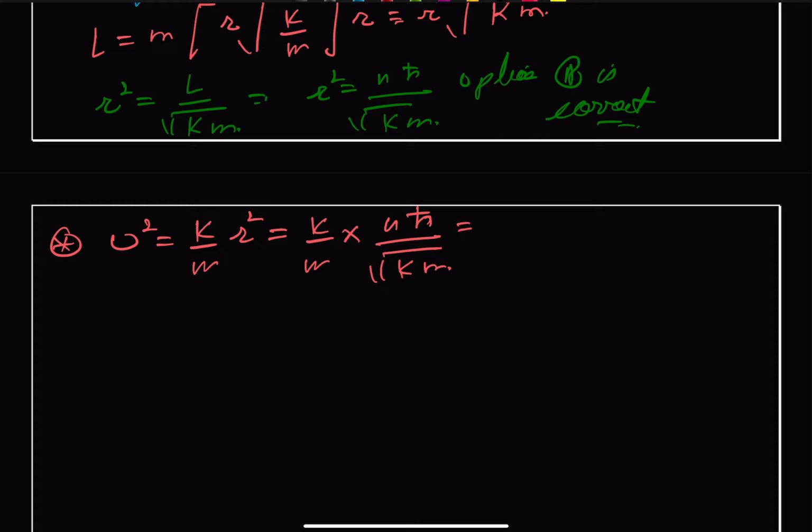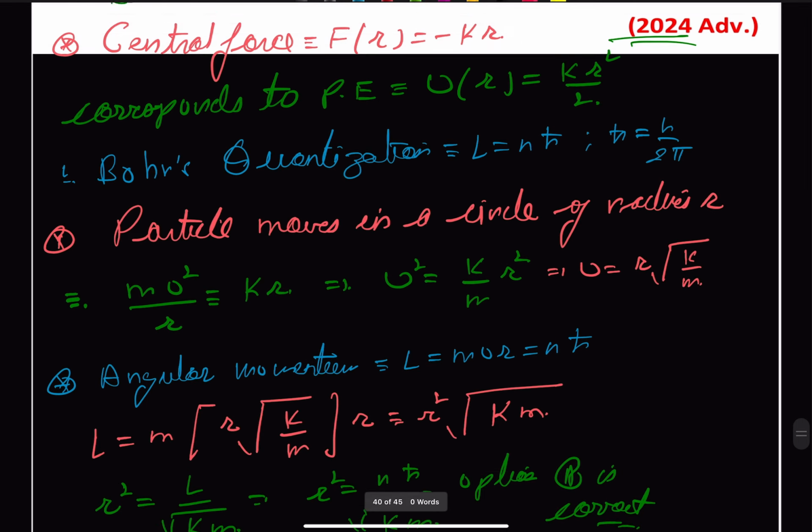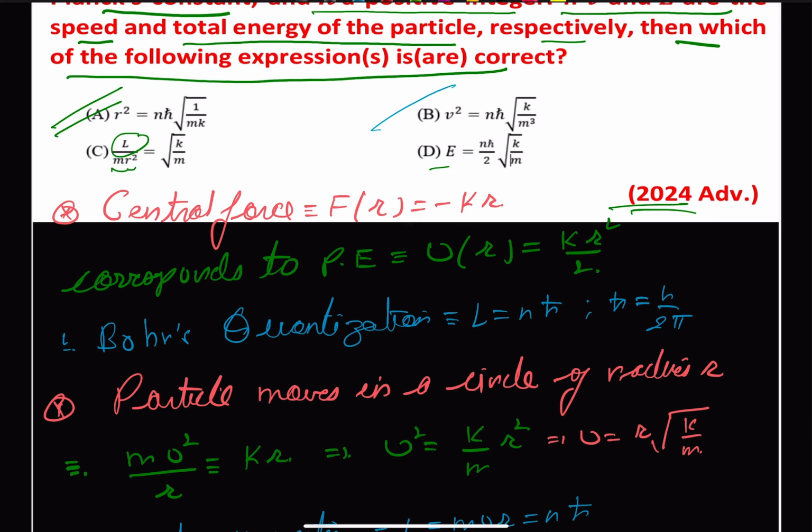Now it is a simple calculation, and we get v² equal to nħ times the square root of k upon m cubed. Option B is also correct.